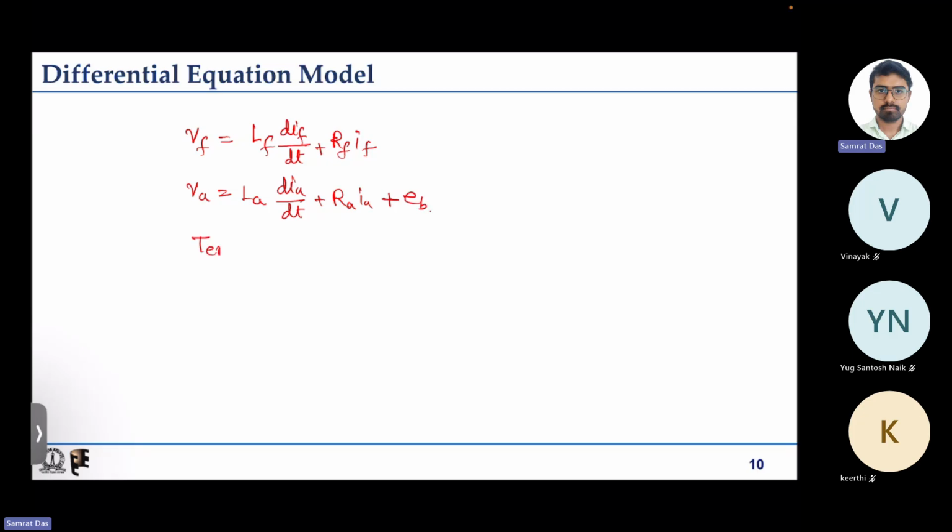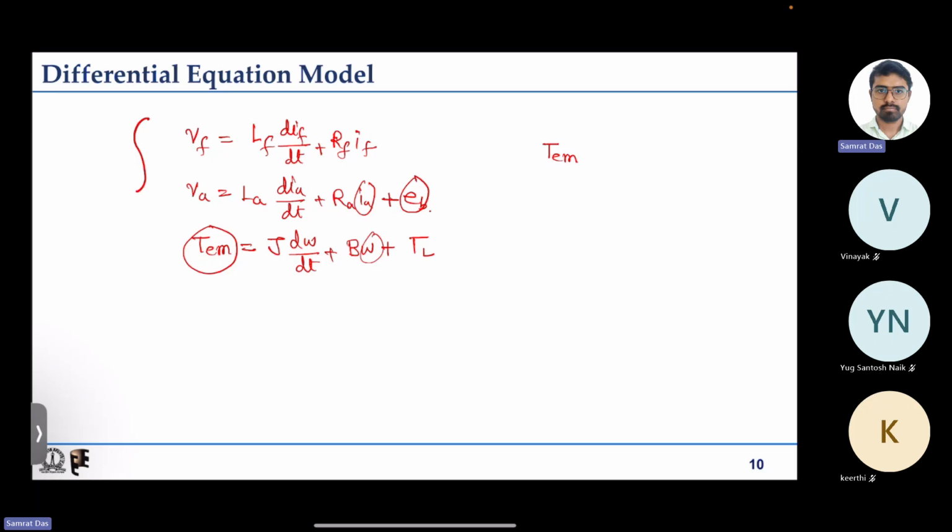Then in the mechanical domain, we have the electromagnetic torque equal to inertial torque plus frictional torque, represented here as proportional to speed, and we will also have the load component of torque. And we also have two equations relating electromagnetic torque to current and back EMF to speed. So we have two static equations.